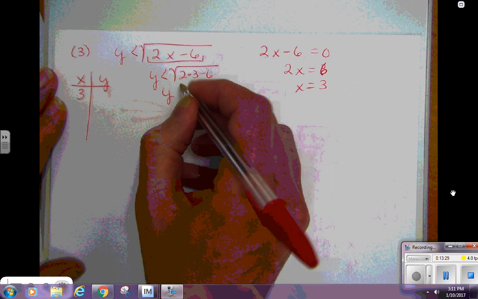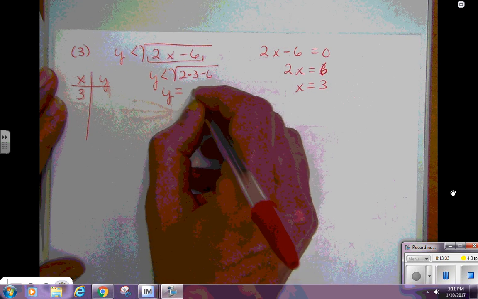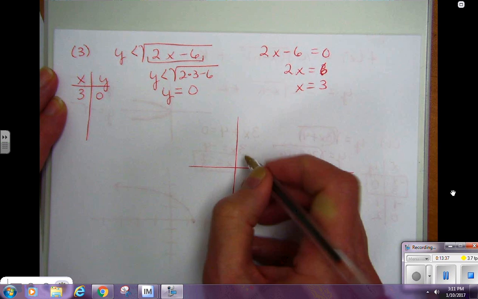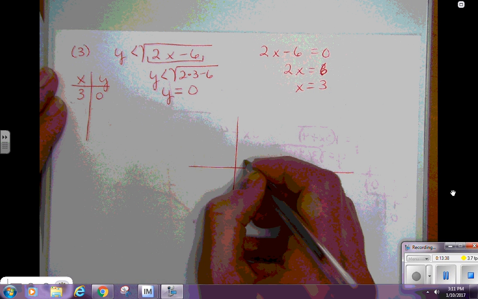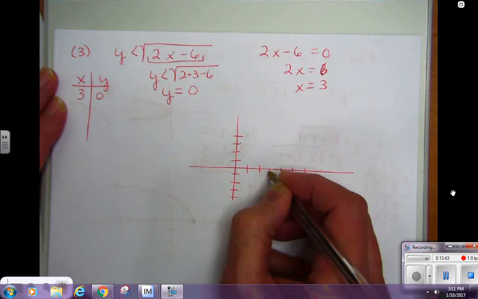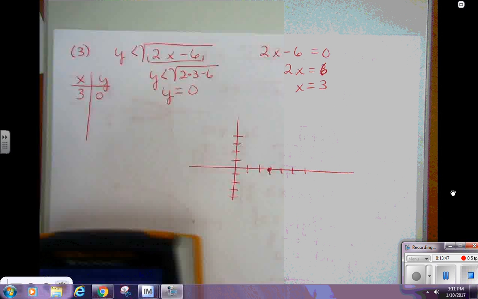And just to solve, I'm going to say that y is equal to, just for solving purposes, but that's going to be 0. So I'm going to start with that point right here on my graph, and I want to find a couple more points.